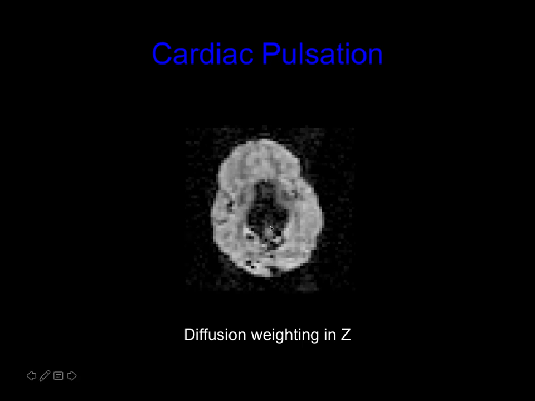If we have diffusion weighting in that direction when that part of the cardiac cycle occurs, then you get a drop in the signal that's not due to the random translational motion that we want, but more so due to the tissue shearing. There are ways to estimate the tensor in a robust manner so these don't affect your calculation, or you can also gate to the cardiac cycle and collect data that doesn't have this error in it.